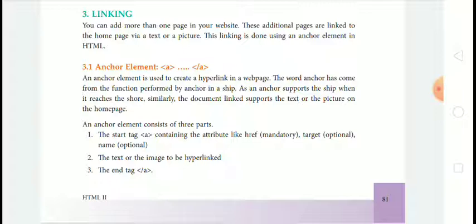Means in a website we can add more than one page with additional links, and those links go to the home page via text or a picture. This linking is done using an anchor element in HTML. Means if you want to link a page with another web page, what we will do? We will use the anchor tag in the HTML document.